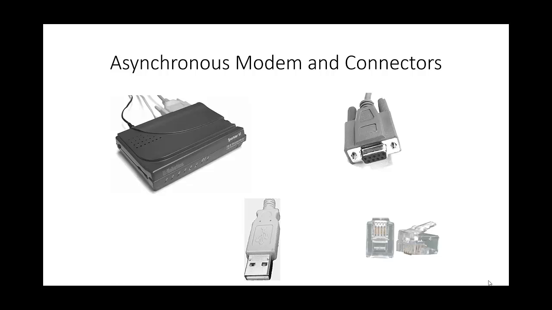The connection between the modem and the PSTN usually has an RJ11 connector, which is on the bottom right hand corner of the screen. What you see now will connect to the modem end, and the local PSTN connectors at the other end. It's basically a standard type telephone socket connector.